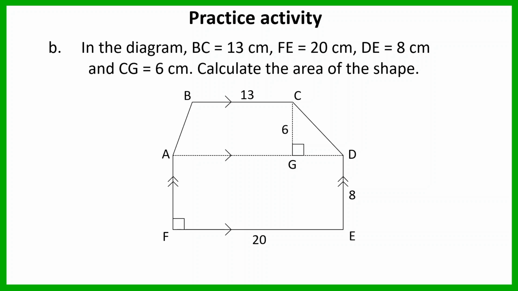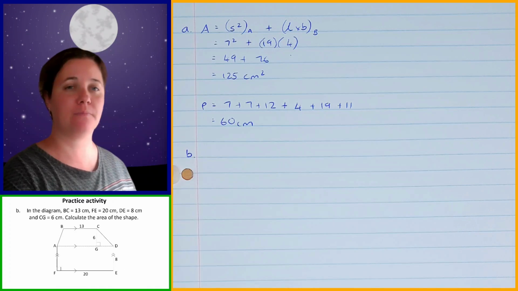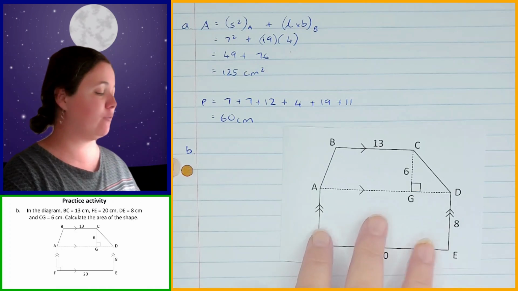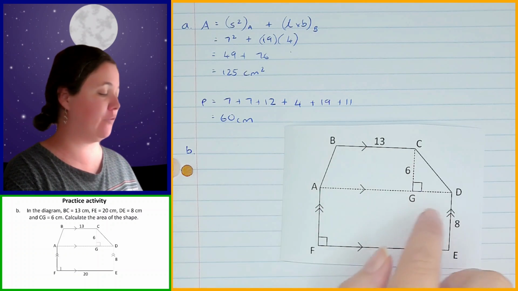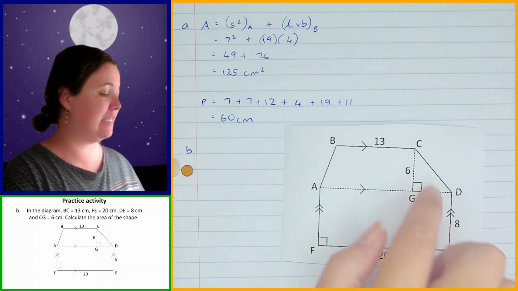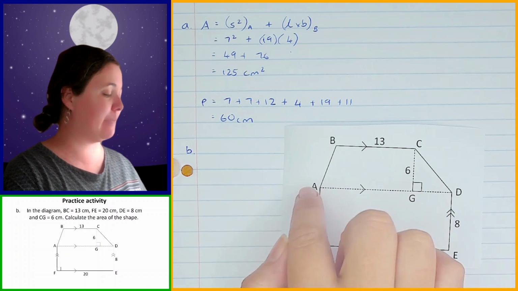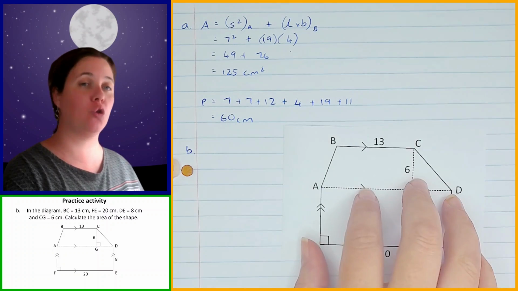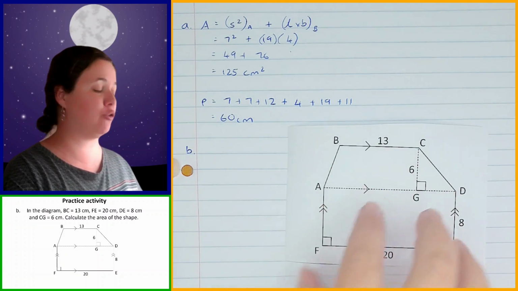Okay, so let's go through that question and see what you should have got. The first thing you have to do for this question is identify what types of quadrilaterals you're working with. So this quadrilateral over here at the top, ABCD, they've told you that BC is parallel to AD. We haven't been told anything about the other two sides. So all we can say is that this is a trapezium.